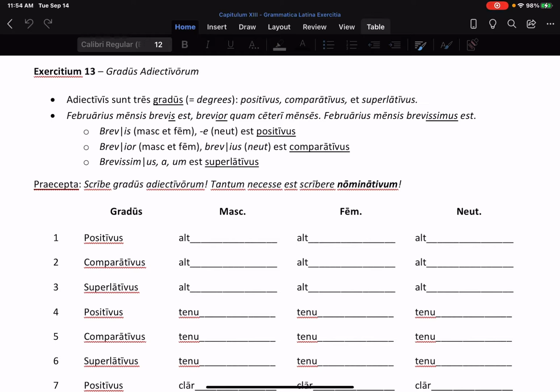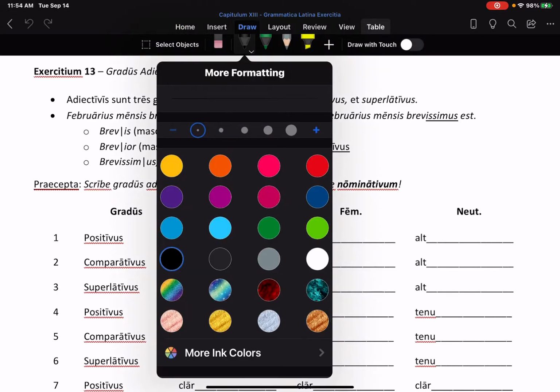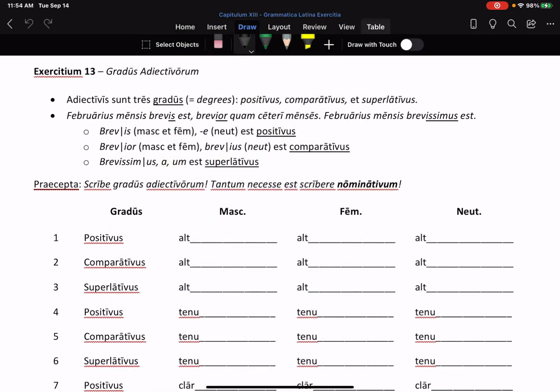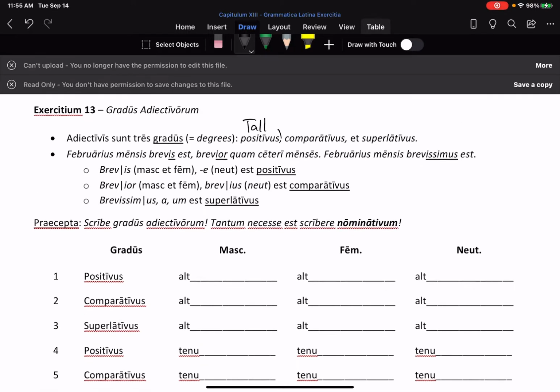An example of a positive adjective would be tall, right? I might say that Dr. Holbrook is a tall man. And let's say I was comparing him to Goliath. So Dr. Holbrook is tall, but Goliath is taller. That's comparative.